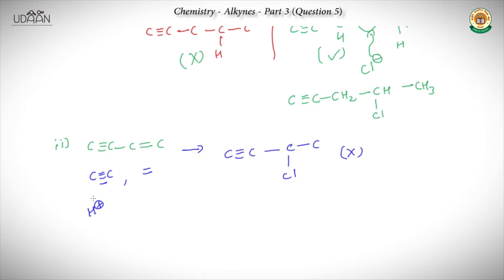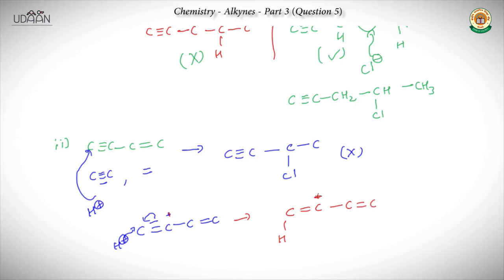First, H plus attacks on this carbon. I'll show you why. You have C double bond, triple bond C, C double bond C. If H plus attacks on this carbon, this bond will shift in this direction. You get a positive charge here, and so you will get CH double bond C plus C double bond.